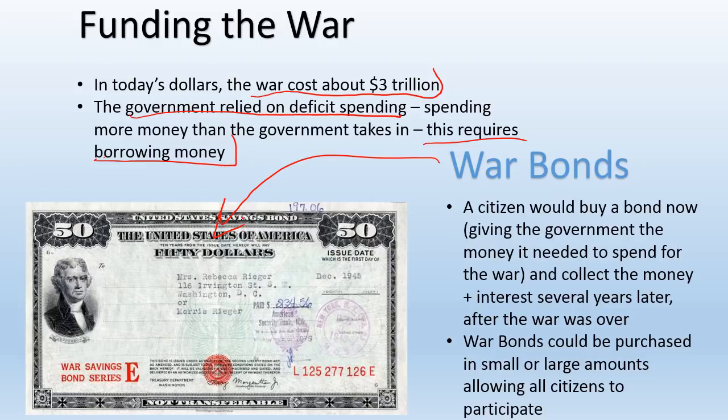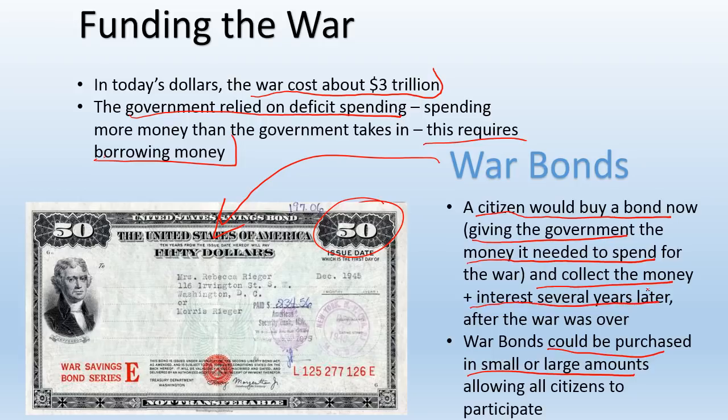Now you can see this war bond in particular was $50, but war bonds could be purchased in small or large amounts. A citizen would buy a bond now, giving the government $50 that it needs to fight the war right now, and then later on they would collect the money and interest several years later.